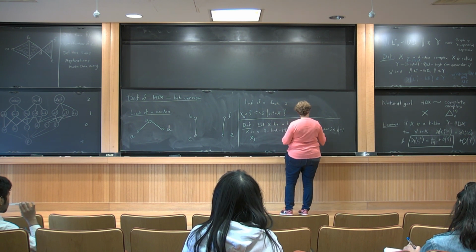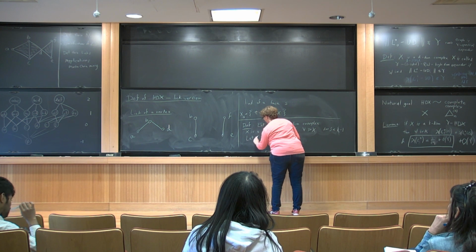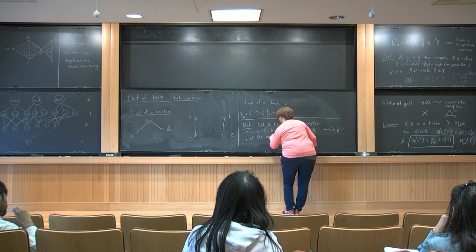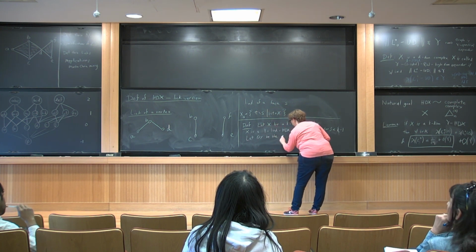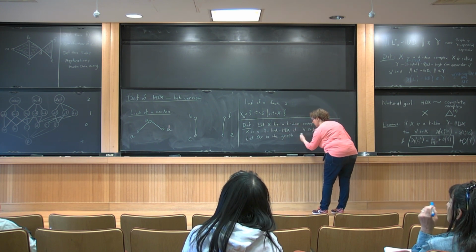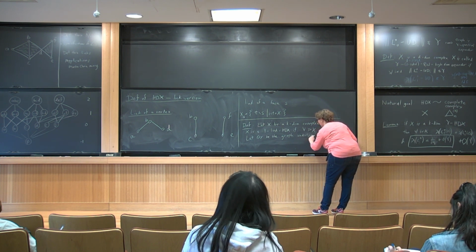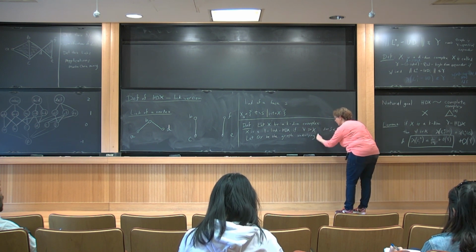Okay, if S is, let me also say, let GS be the graph. I'm sorry, the definition looks complicated. It's really easy, so we'll parse it again. The graph underlying X_S. We also call this the one-skeleton. It's the graph underlying X_S.